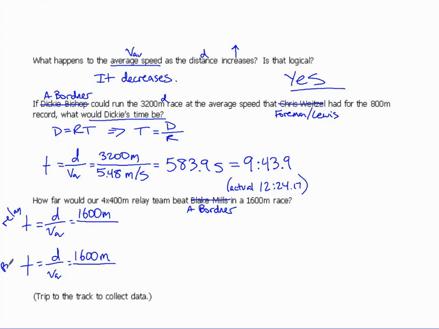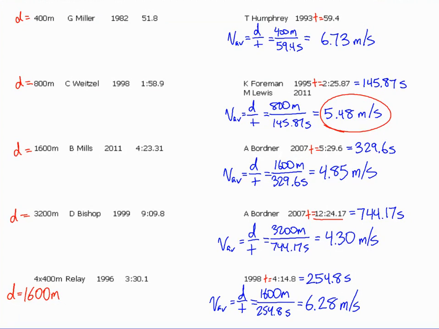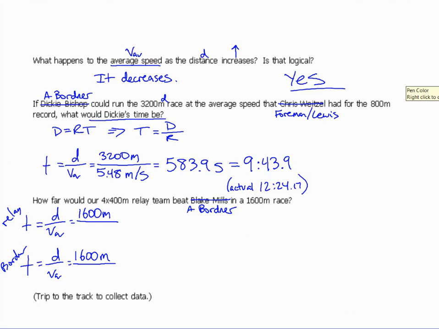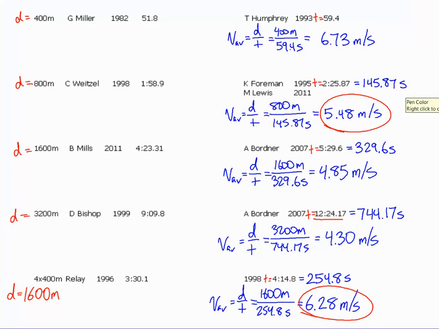Say this one's relay and this one's our runner. The relay team, 4x400, has an average velocity of 6.28 meters per second. Bordner has a velocity of 4.85 meters per second.